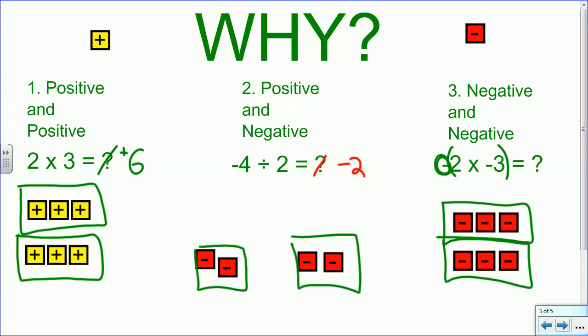If we just had 2 groups of negative 3, we'd have negative 6. But what's the opposite of that? What's the opposite of negative 6? It'd be positive 6. So a negative times a negative, or if the signs are both negative, we have a positive. I hope you are okay with that explanation. The important thing, though, is that you remember the rule. I'm sorry, but that's the best I've got for right now.